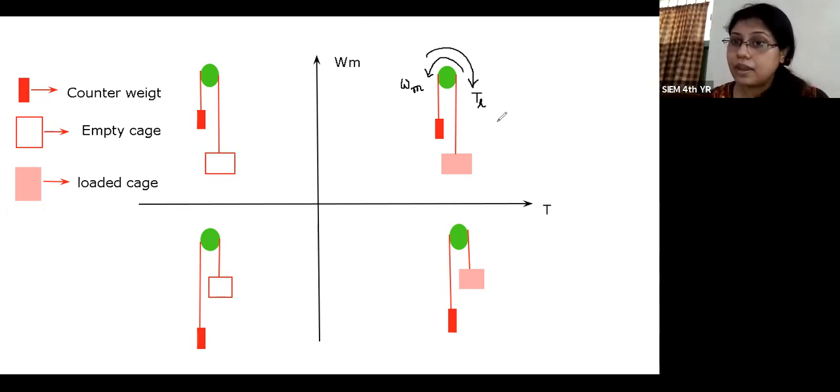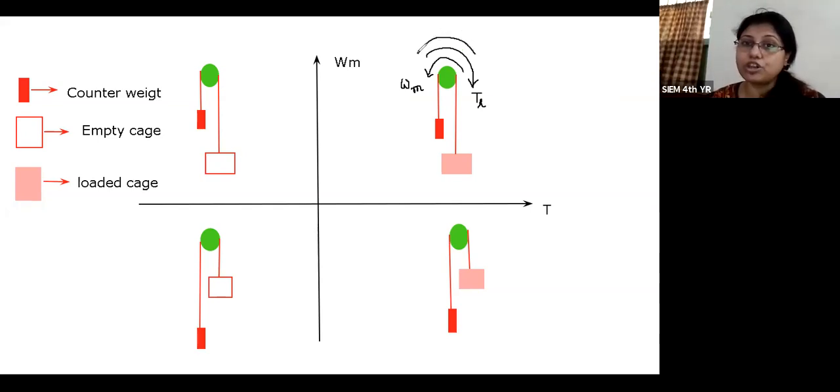Okay. Now, as per Newton's law, the direction of the load torque and the motor torque are opposite to each other. So if the load torque is operating in this direction, obviously the direction of the motor torque should be opposite.